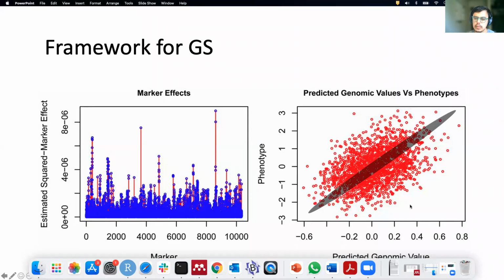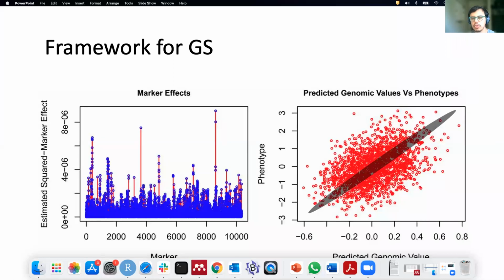And something really important that you should take into account is that this is a really good example of genomic selection. I think it is kind of a beautiful example.